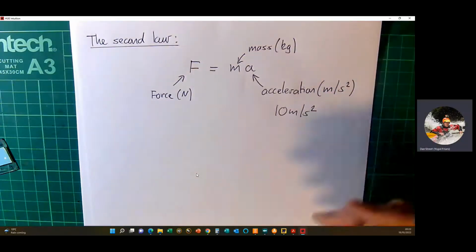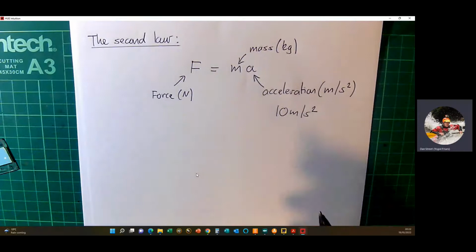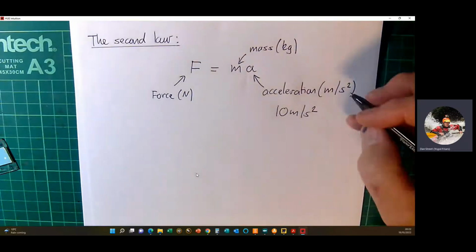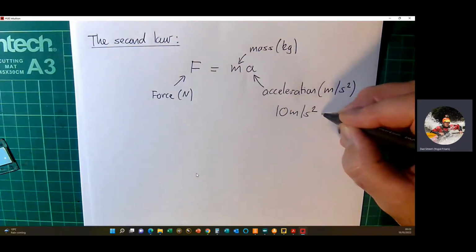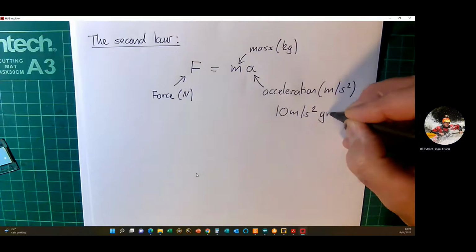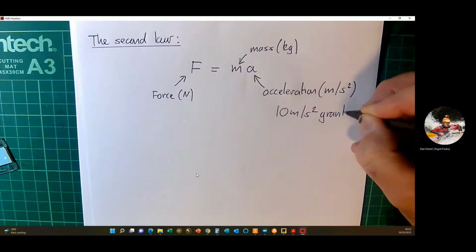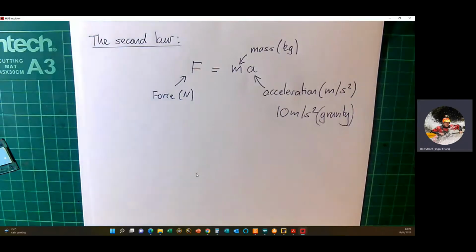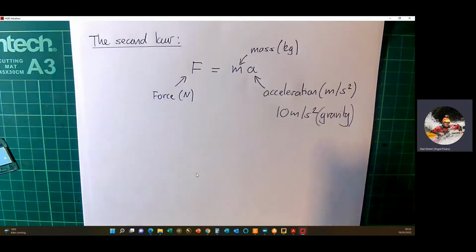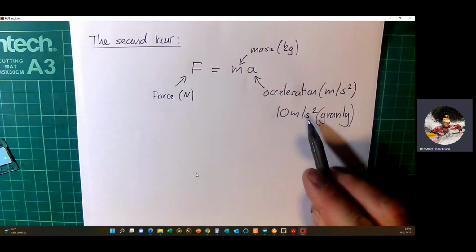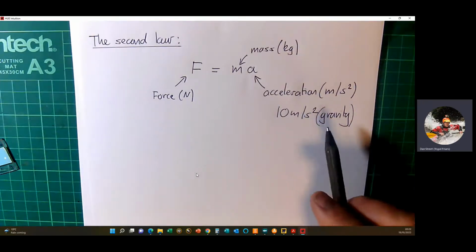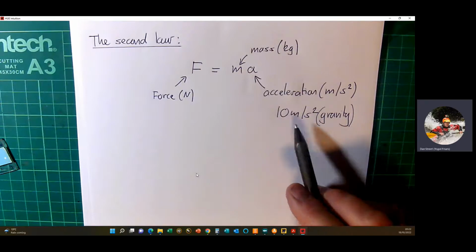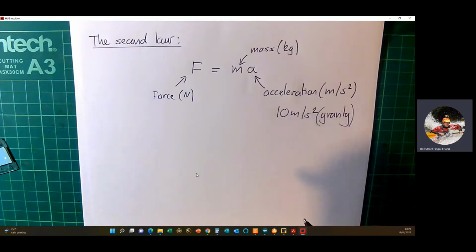It's actually more like 9.8, but 10 meters per second per second is fine for most calculations. Okay, so that's gravity. So objects accelerate towards the Earth at an acceleration of 10 meters per second per second. Okay, and that's the acceleration due to gravity. So we need to bear that in mind.